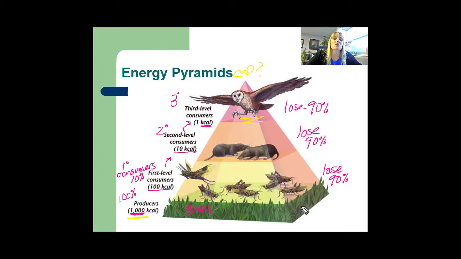You need a lot of producers to even support a single owl in this case. You have to have a lot of grass in this area and thousands of grasshoppers in order to support enough moles that can support a population that can support even a single owl, let alone a dozen owls.